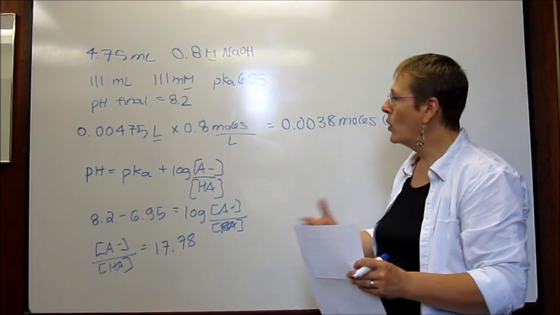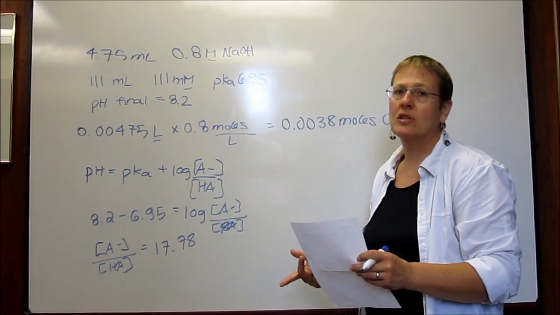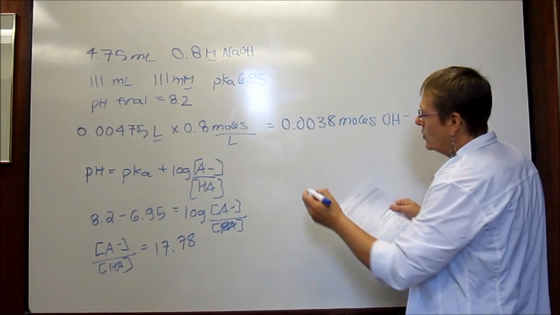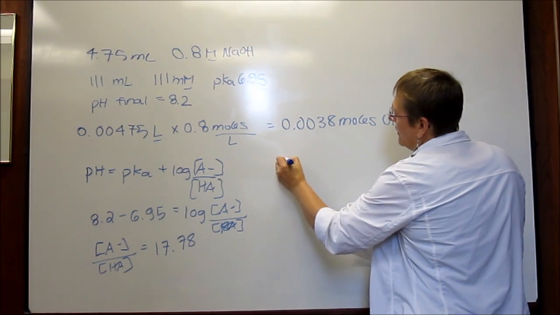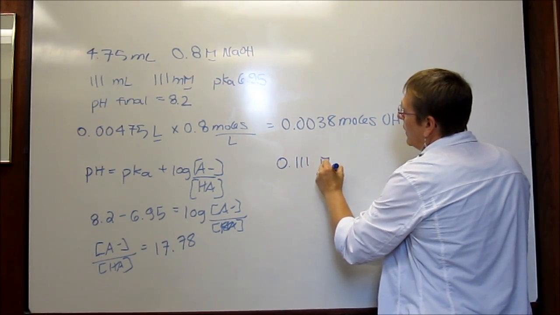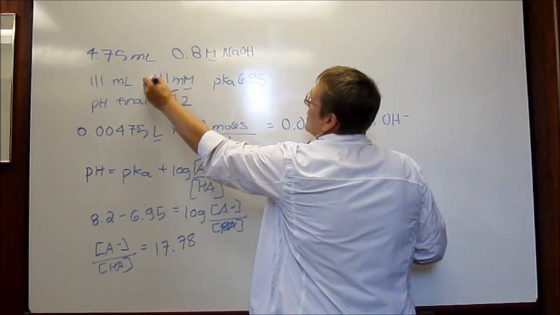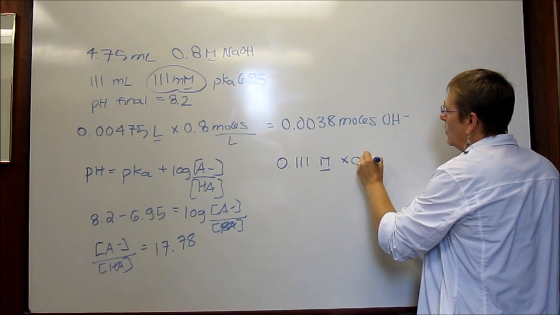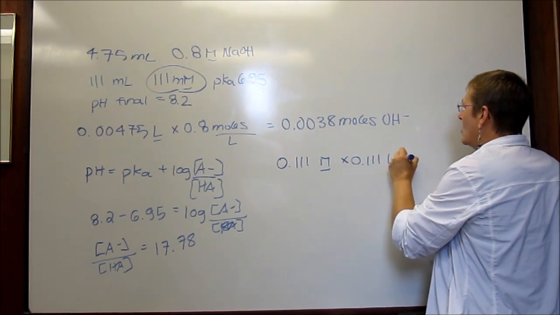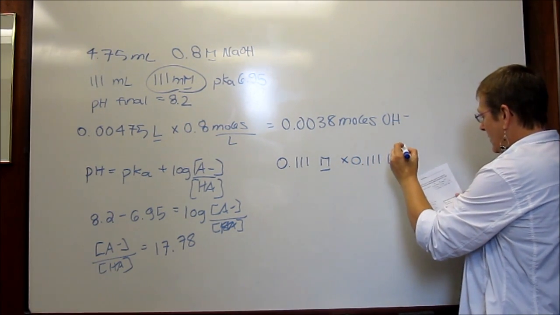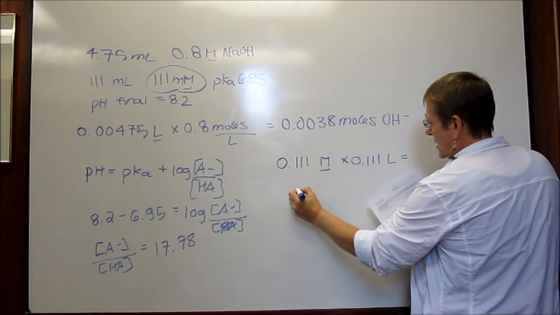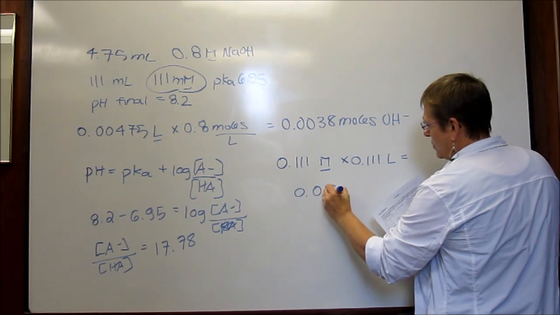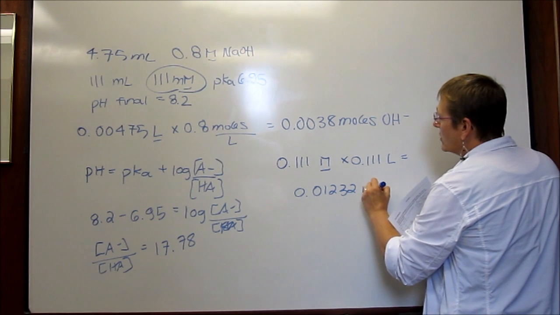Let's figure out how many moles of each of these we would have in the solution at that time. So we have a total of 0.111 molar, 111 millimolar, and we have 0.111 liters. So we have a total here of 0.01232 moles.